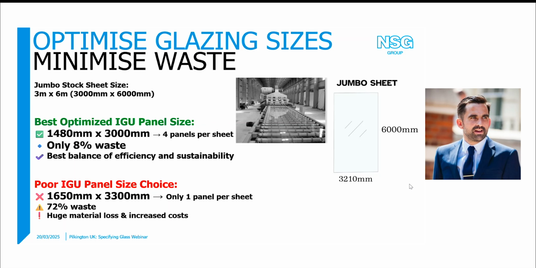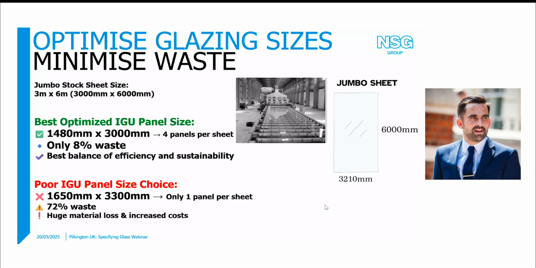An example of a poor IGU design, and there's not really much in them in terms of their dimensions, but there's a massive difference in terms of their efficiency from a jumbo sheet. So this example, 1.65 meters by 3.3 meters, you'd only get 1 panel per jumbo sheet.